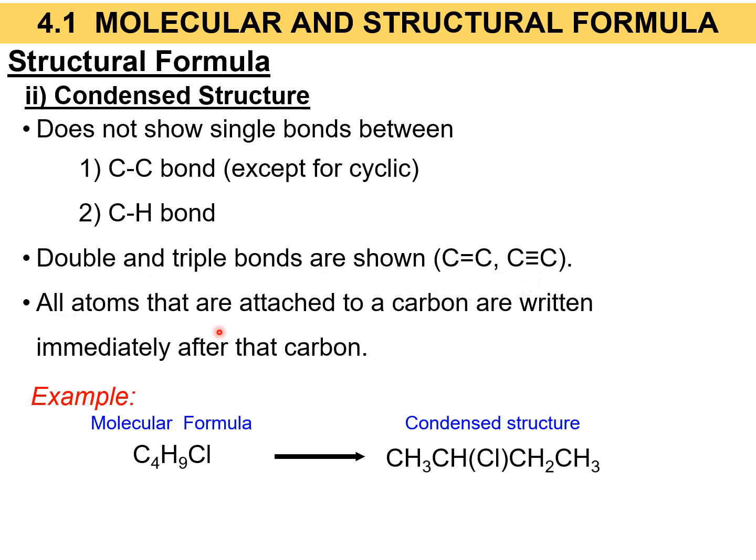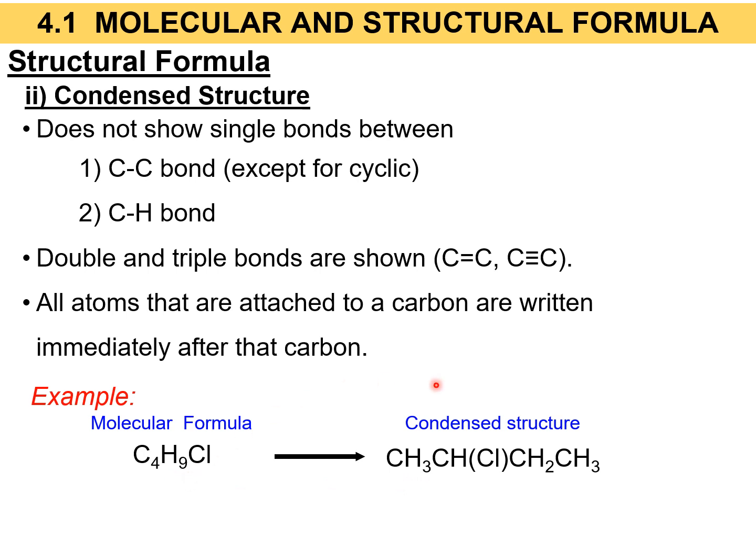And all atoms that are attached to a carbon yang macam halogen atoms ke, functional group OH ke, you have to write it down immediately after that carbon. Okay, for example, if let's say you ada alkane hydrocarbon C4H9Cl, the way you want to write the condensed structure is something like this.